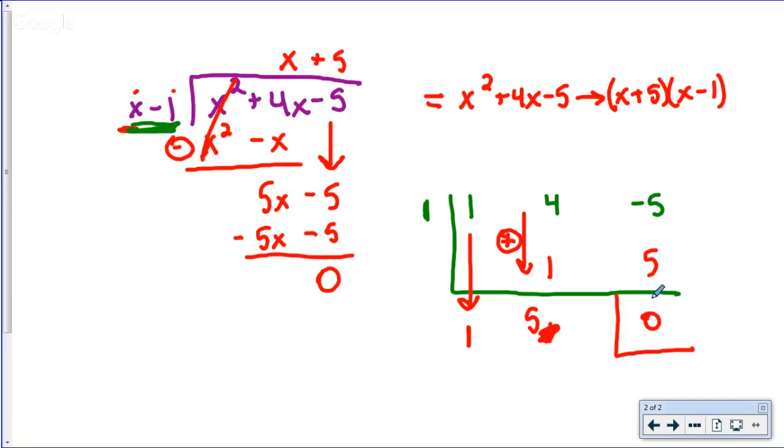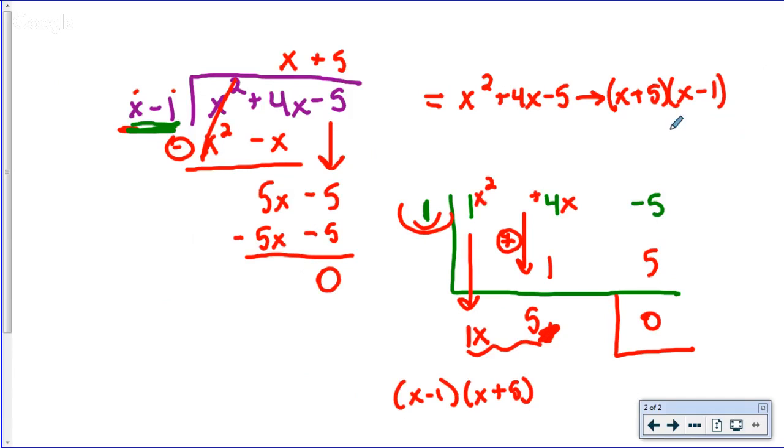This last item here is your remainder. Then you move back. This is your constant term. Move back. This is x. If I had more numbers, I'd go x squared, x to the third, x to the fourth. So what this is saying is that x squared plus 4x minus 5 is x plus 5 from right here times x minus 1 from right here.